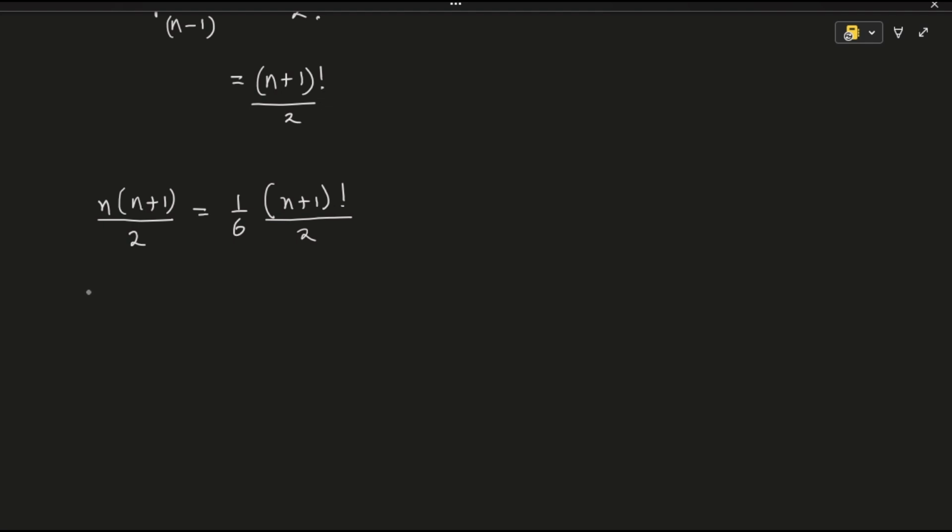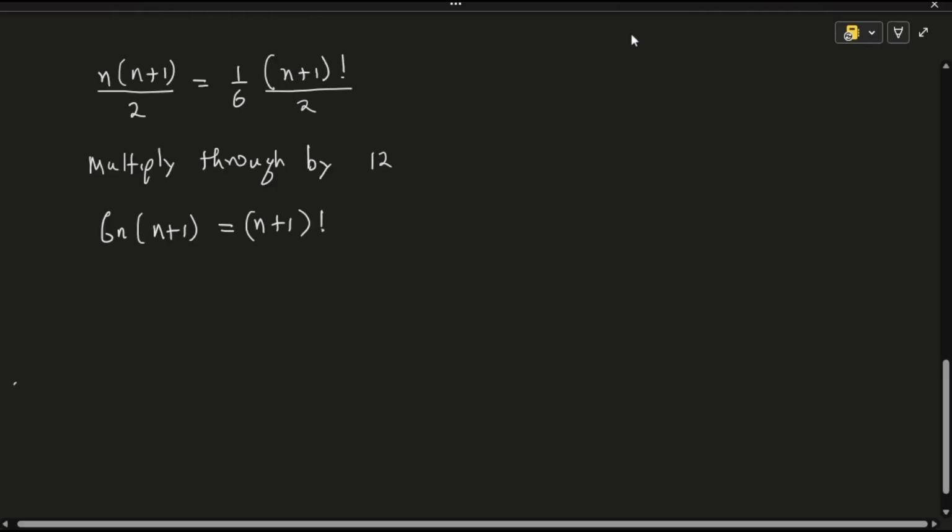So when we multiply through by 12, we're going to have 6n into brackets n plus 1 equals n plus 1 factorial.